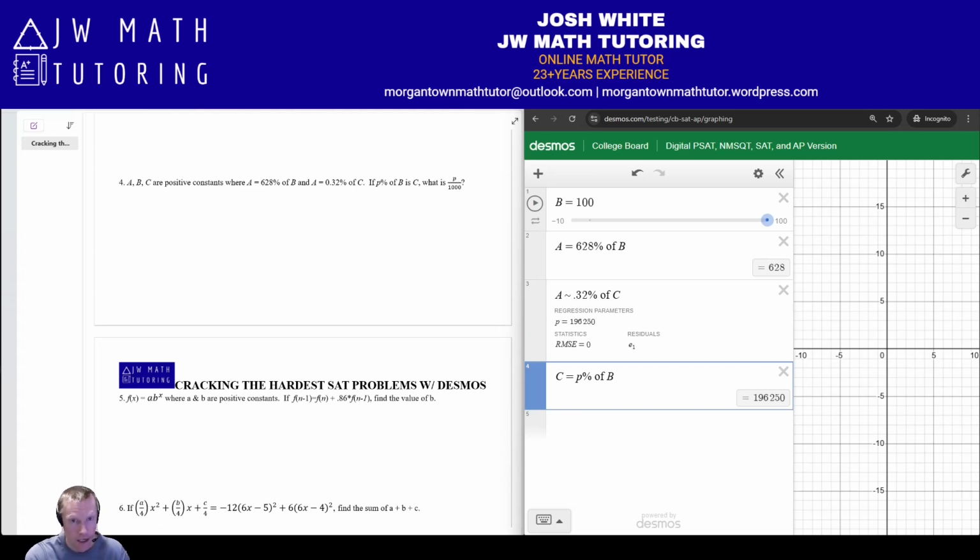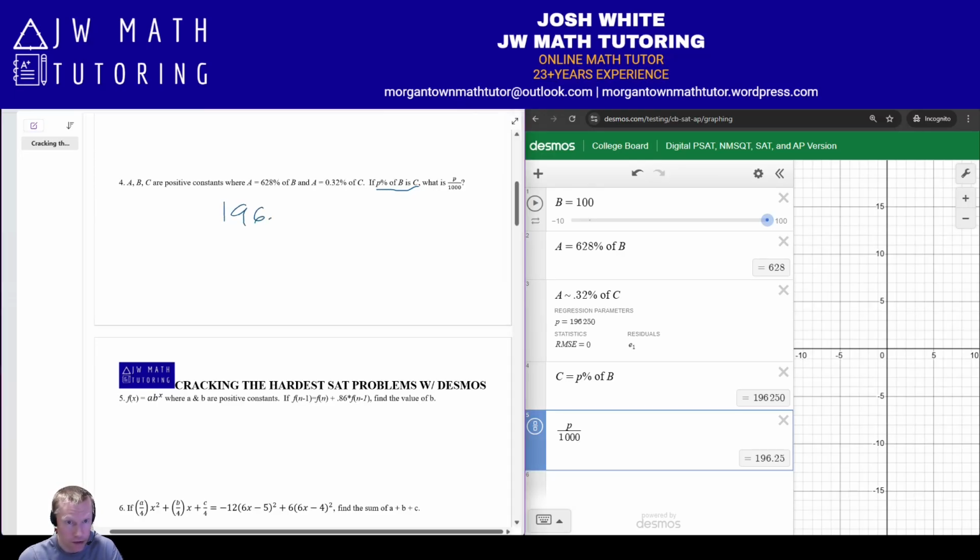I'm just taking this equation right here, and I'm just typing the thing straight into Desmos. So now I have P. So what is P divided by 1,000? Okay, it's 196.25. So for this problem, technically there would be two correct answers. You could put 196.2 if you truncated the decimal, or you could put 196.3 if you rounded the decimal.